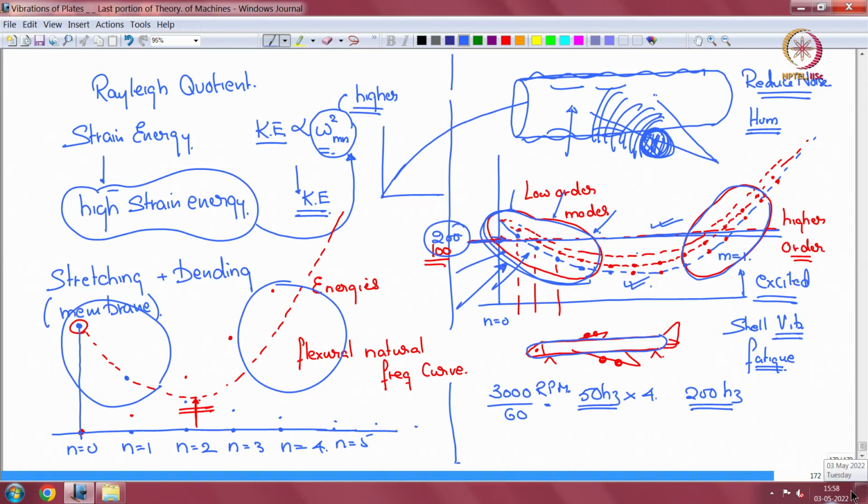Now we have to look at the response to a point force. We are going to do it modally using modal summation. We said there are two sets of modes.